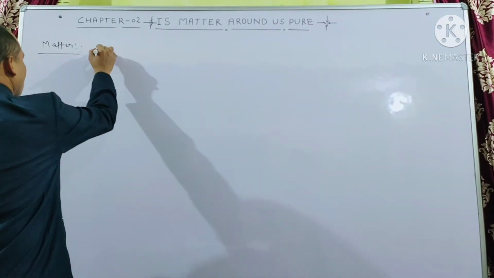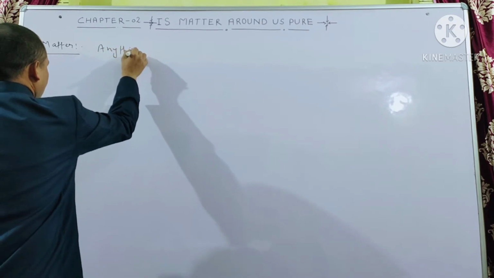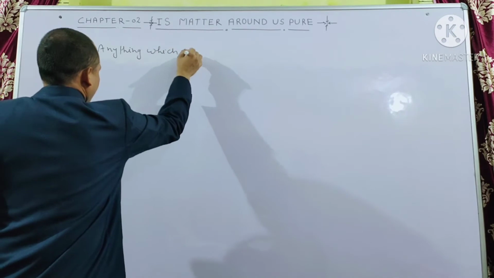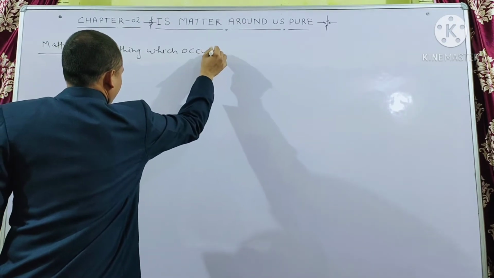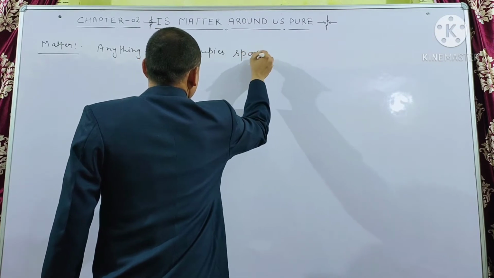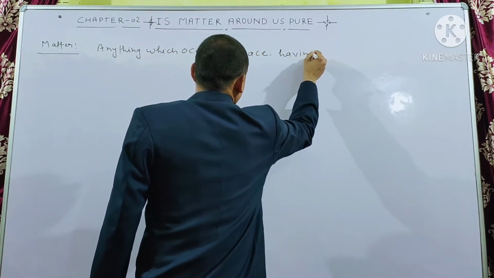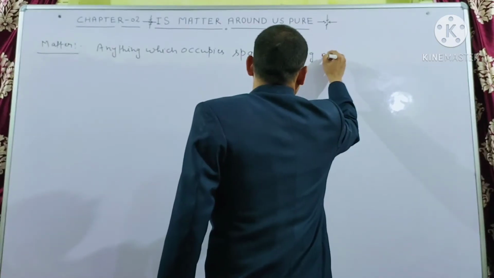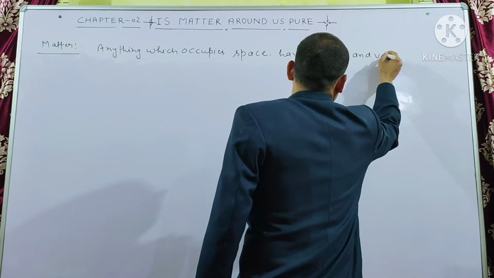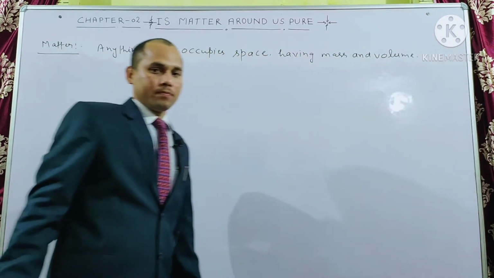Anything which occupies space, having mass and volume, is called matter.